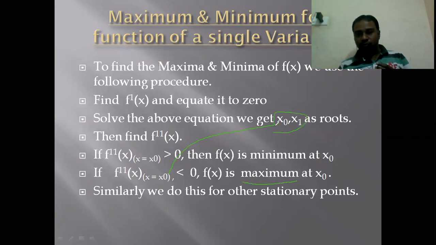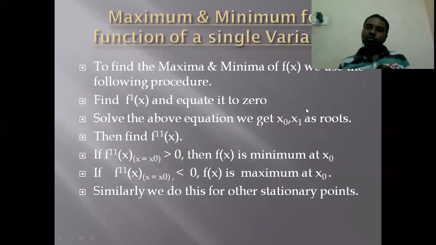If we have two roots, we substitute both roots in the second order derivative. If it has three roots, we substitute all three and check at each point whether the function is minimum or maximum. Similarly, we do the same procedure for other stationary roots also.